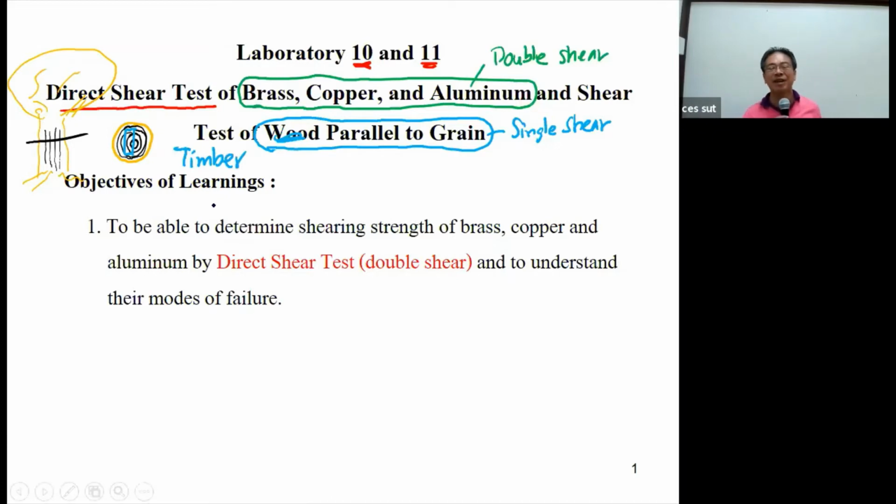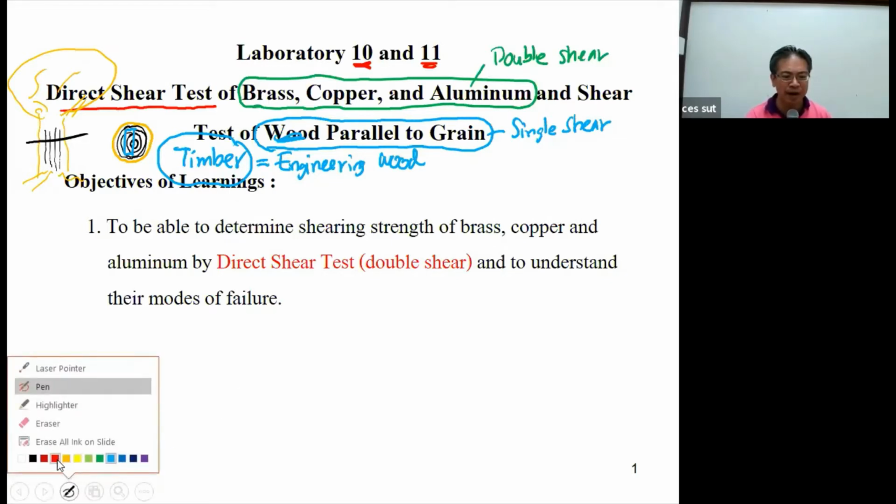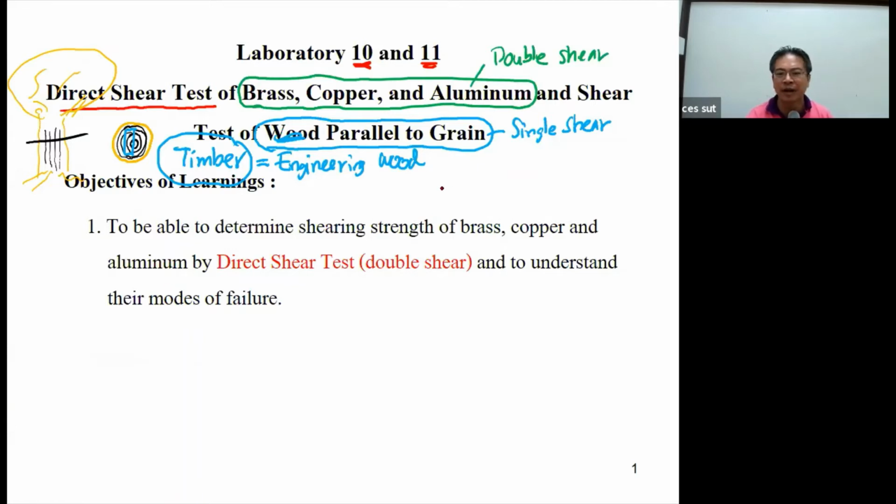So we have the course called steel and timber design. We didn't call it steel and wood design because timber is the engineering wood. Maybe we just say timber is equal to engineering wood. What is called engineering wood is when we cut the wood and sell the wood in a form like this.